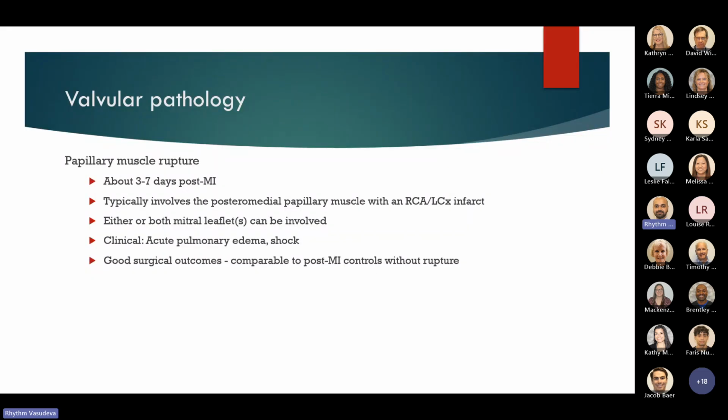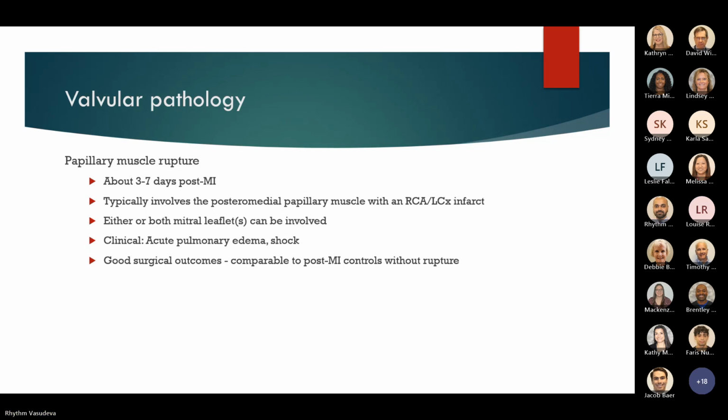So really, I just put them in a class of valvular pathology with papillary muscle ruptures. Rupture, which occurs typically within a week post-MI, involves the posteromedial muscle, usually with an RCA or a circumflex infarct. Either or both leaflets can be involved. The typical med school teaching is that they present with acute pulmonary edema and shock, and that's when your suspicion is highest.